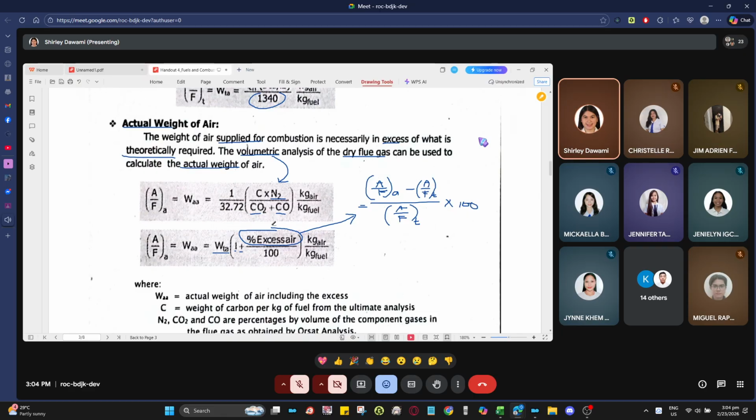Okay, percent. So that is the formula for the percent excess air.